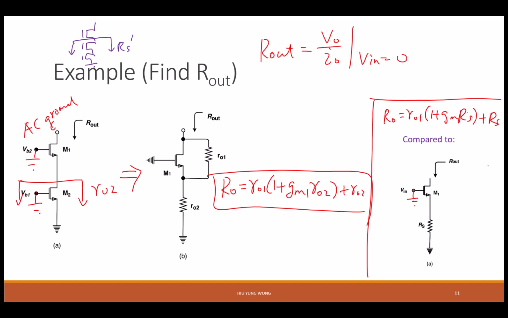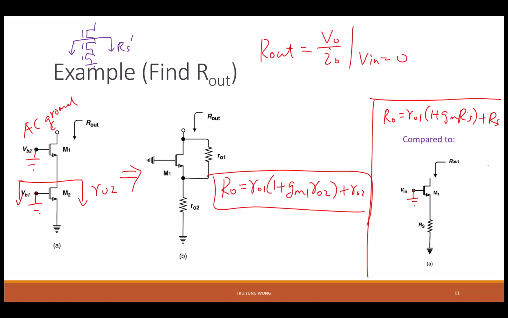This is not common source. It has two transistors. Well, I also know the output impedance of common source with degeneration. Again, this is not the circuit we have just learned. This is the common source with degeneration, on the lower right.